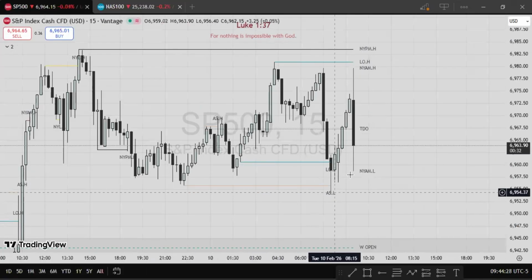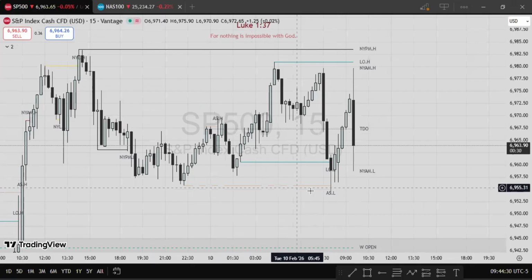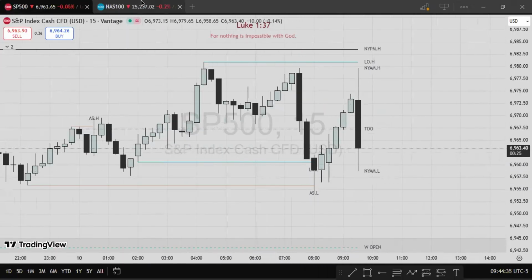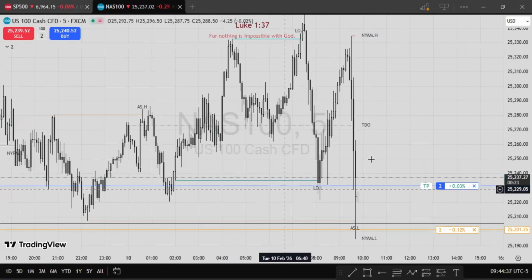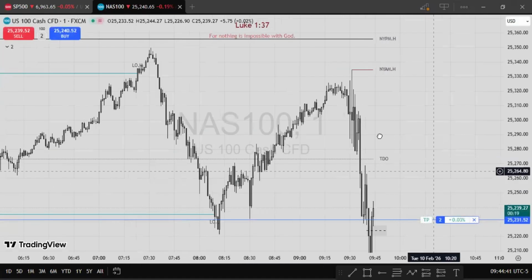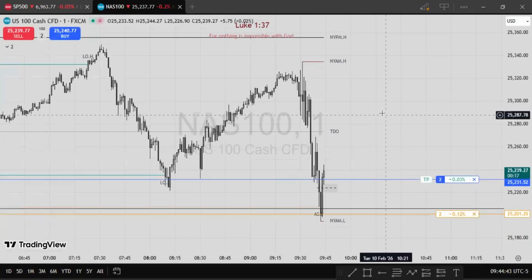Yes, didn't come for that low. It did take out Asia lows, but we still have this low here, which it's failing to take out, and ES took those lows. So yeah, that's a good move.